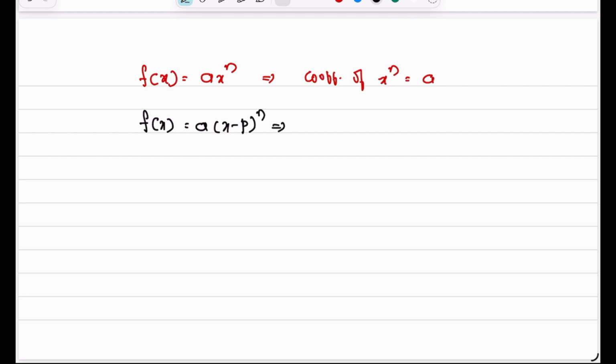That means function x is equal to a into x to the power of n implies the coefficient of x to the power of n is equal to a. For function x, a into x minus p to the power of n also implies the coefficient of x to the power of n is equal to a only.